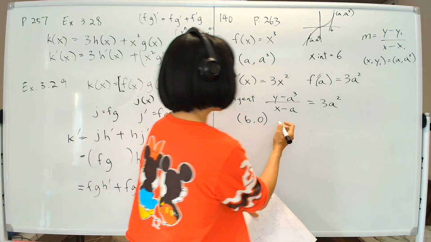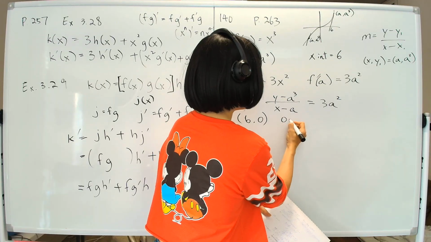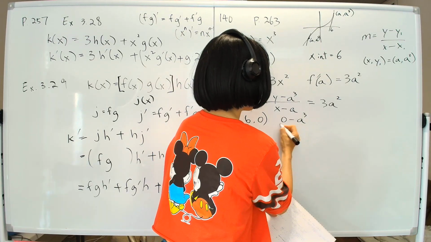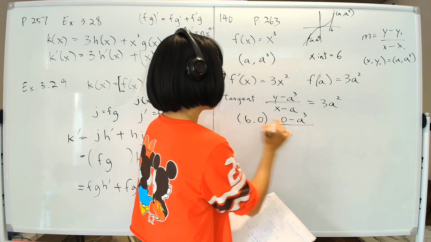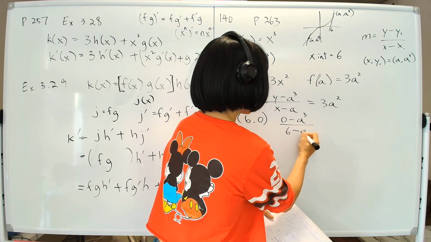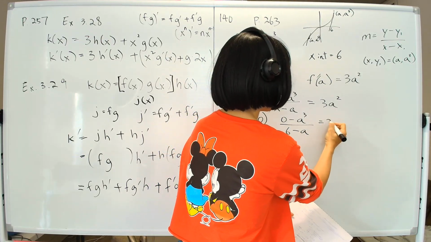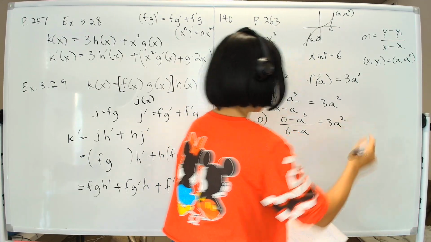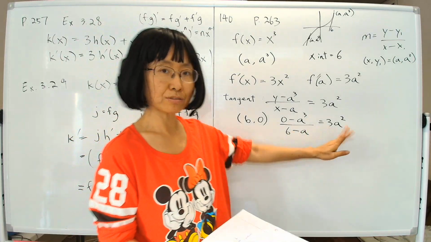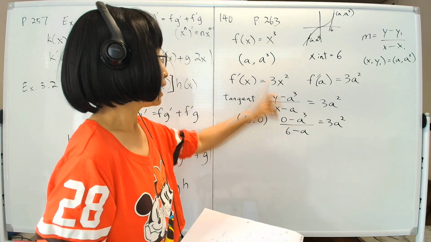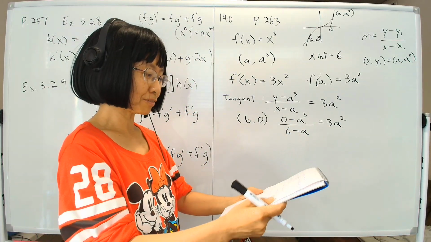So 0 minus a cubed over 6 minus a equals 3a squared. Now you have an equation with only one variable, which is a, and a is what we've been looking for this whole time.